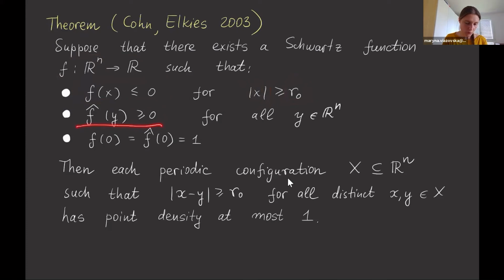Suppose that the Fourier transform of f is non-negative and our function is normalized so that its value at 0 equals the value of its Fourier transform at 0 equals 1. Then each periodic configuration such that the distance between any two points is at least R0 has point density at most 1. So it means that any R0 code in Euclidean space would have density at most 1.